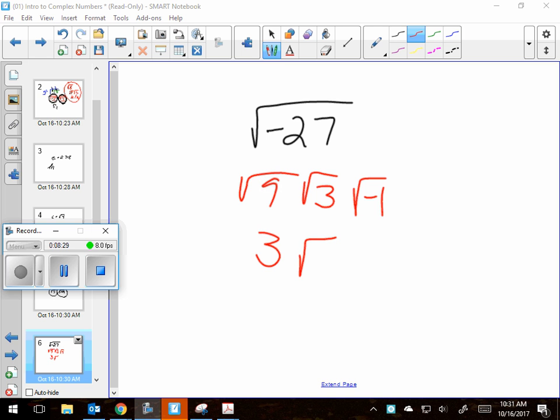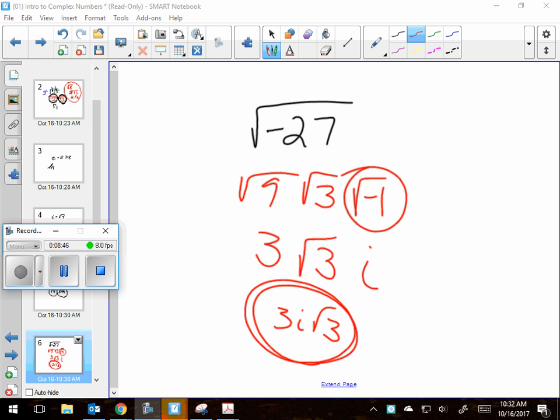Root 3 is just root 3. Don't try to simplify that. You don't know what that is. And last is, what's that? i. Now, we usually like to put the i in front of the root. So 3i root 3 would be my preferred way of writing that. And that shows that we had an imaginary answer in it because it's got the i in it.